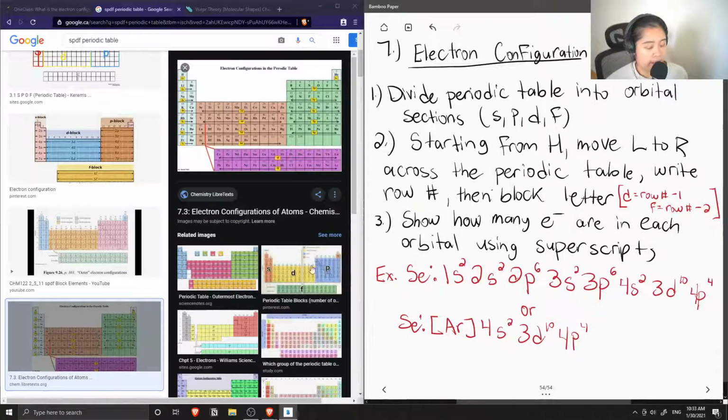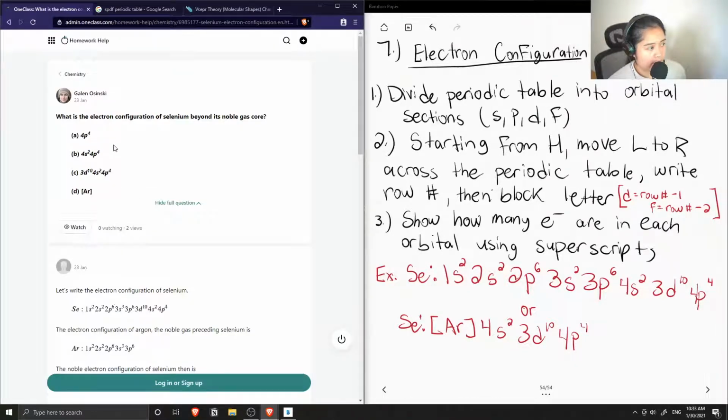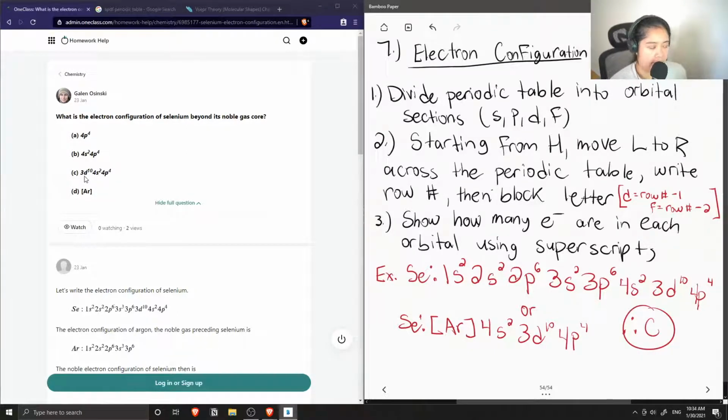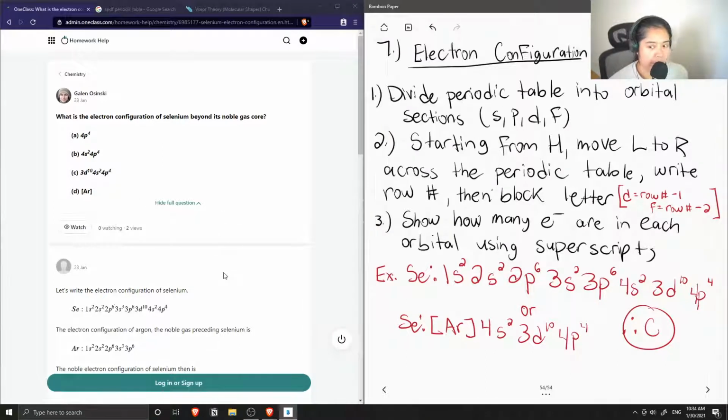So now if we look at what the question asks, the electron configuration beyond its noble gas core, you can see that it is option C. Sometimes you can write the d orbital before the s orbital, like they did in the question. So they have 3d10, and then 4s2, and then 4p4. This is because for some transition metals, the d orbital is lower in energy than the 4s orbital.